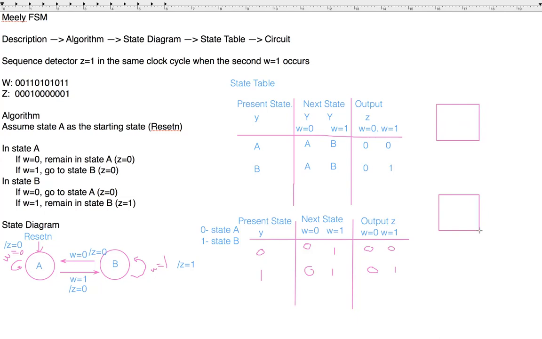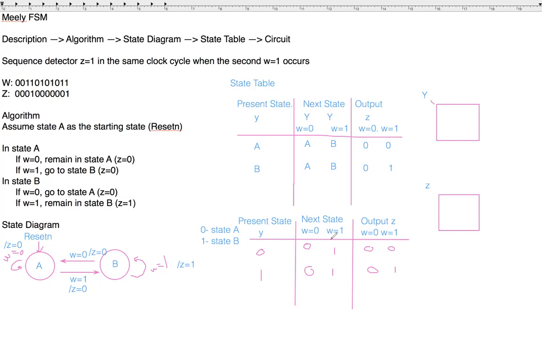So what we're going to have is our big Y on the first one we'll do, and then we have our Z down here. Okay, remember that's because our big Y is dependent on the present state as well as the present input, where Z is dependent on our present state as well as the present input.